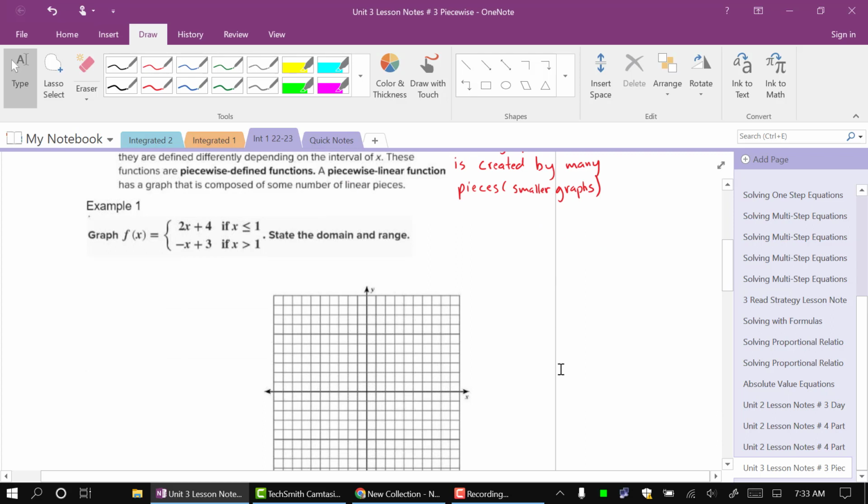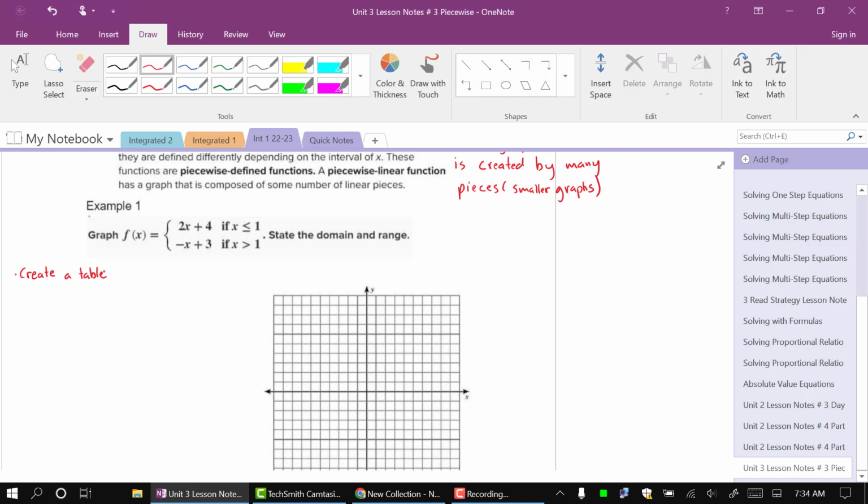And the way that we're going to solve these is we're going to create a table. Normally the way we graph is we graph through slope-intercept form. We find what the slope is, we find what the intercept is, and we go from there.